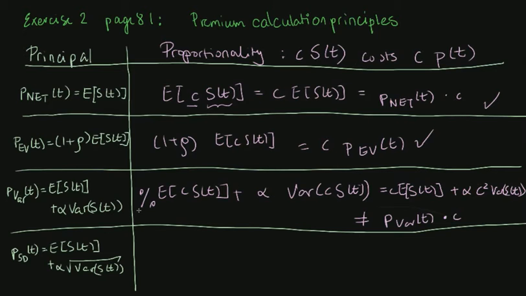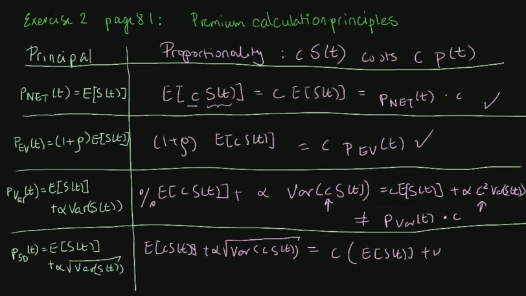And now to the last principle. The reason why the variance principle did not satisfy proportionality was because the c inside gets put outside the variance as a c squared. However, if we take the square root of the variance, then we are home safe again, right? Because then I have plus alpha, and then the square root of the variance of c multiplied by S of t, and this is equal to c multiplied by the mean of S of t plus alpha.